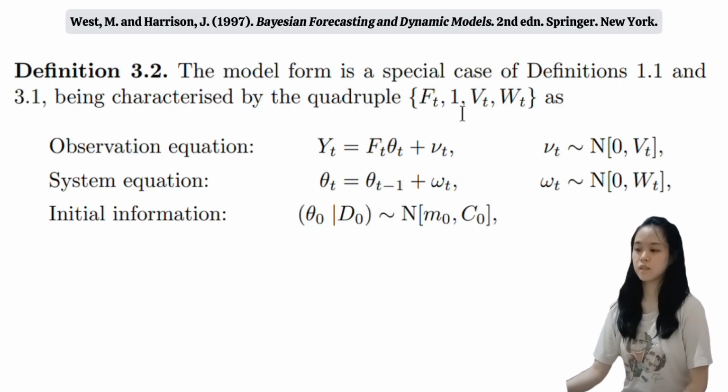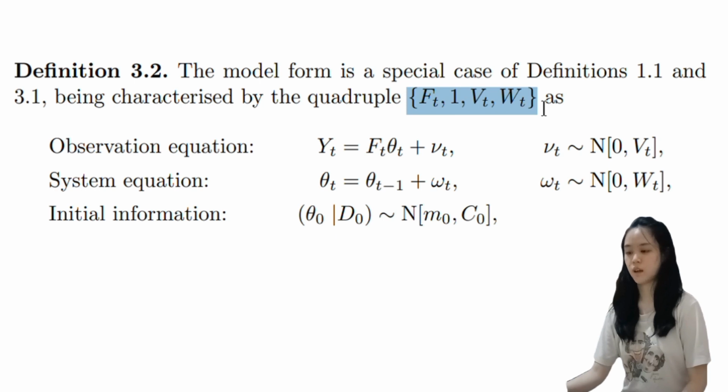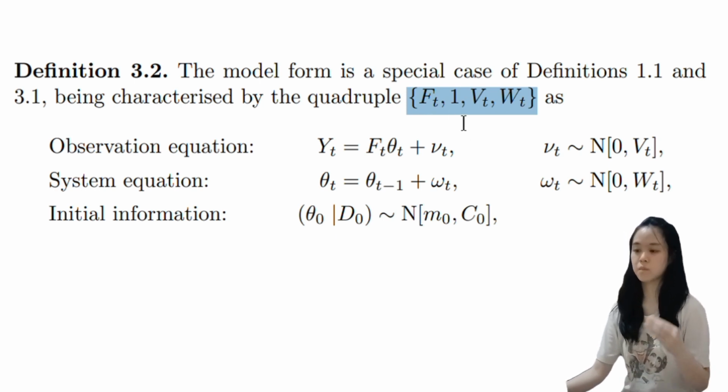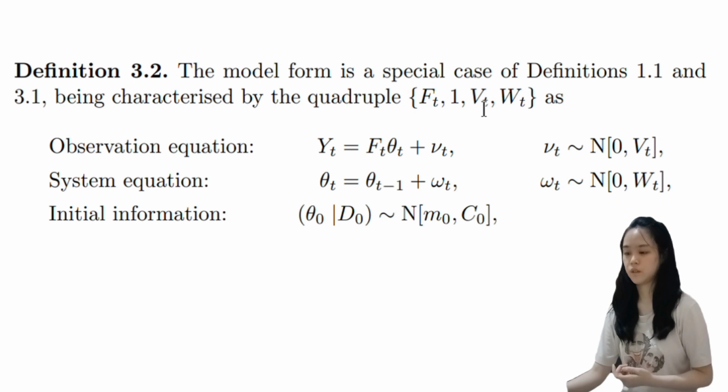Okay, so this is the definition of the regression model, the dynamic regression model. The quadruple representation is Ft and then 1. So the system matrix G is only 1, only one value, and the value is 1.